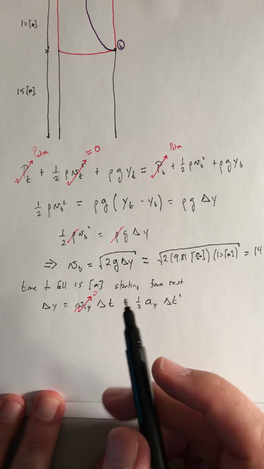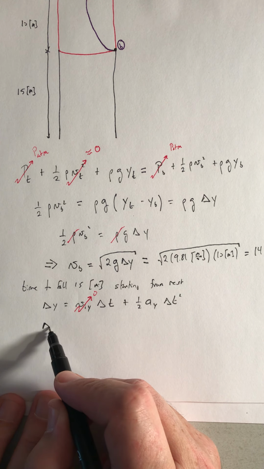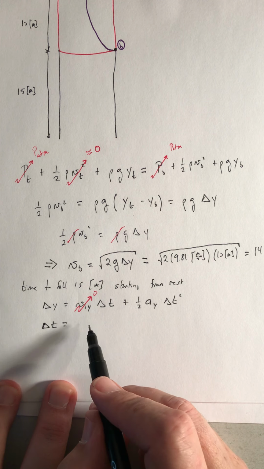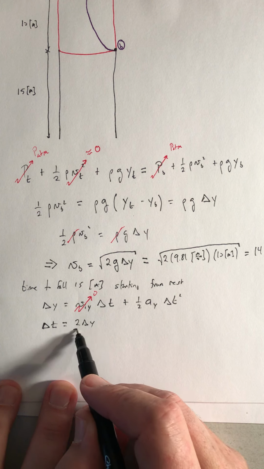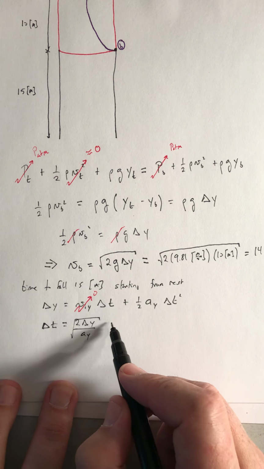This lets us calculate how long the stream is in the air from the time it leaves the hole to when it hits the ground. So delta t is the square root of 2 delta y over the y component of acceleration.